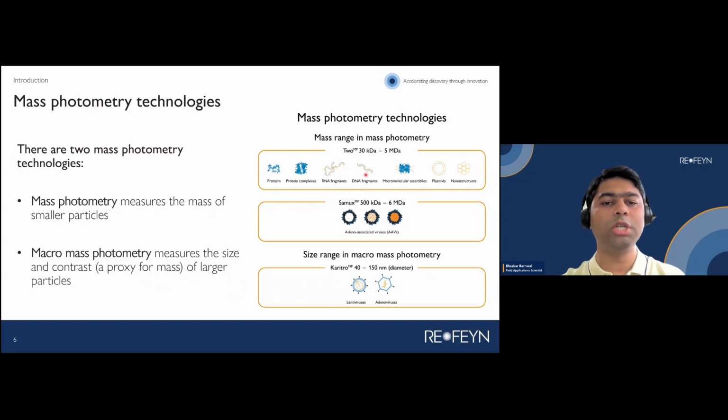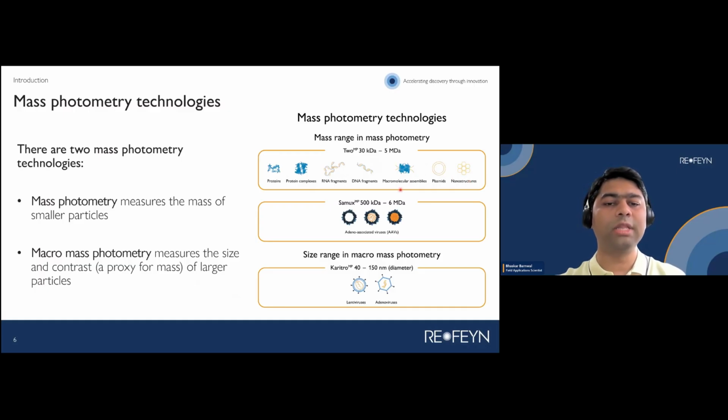The 2MP machine is the one based upon mass photometry technology, as is the SEMEX-MP. The difference between the two is that the 2MP has a wide range from 30 kilodaltons to 5 megadaltons, which can cover applications involving protein complexes, nucleic acids like RNA and DNA and plasmids, macromolecular assemblies, and nanostructures.